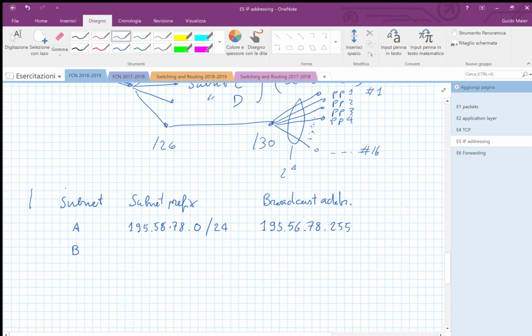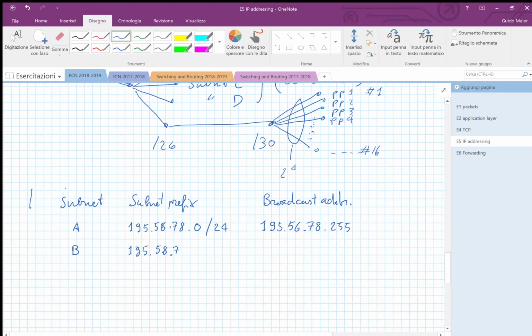Then there is subnet B. Subnet A occupies the whole 256-address block, from 0 to 255.